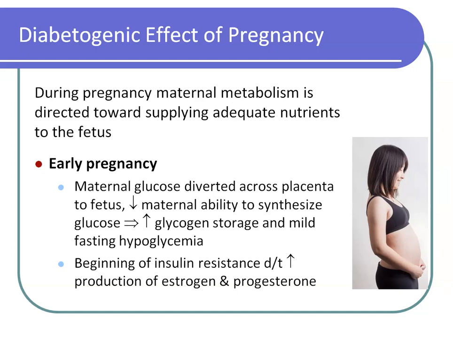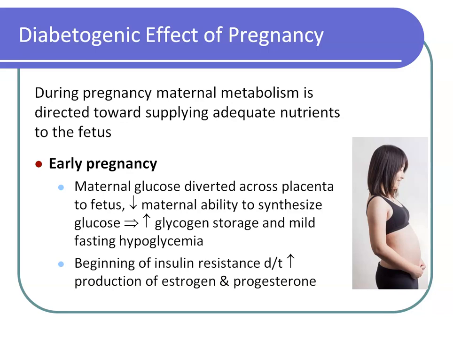Early on in pregnancy, it's important that the growing embryo and the growing fetus get sufficient glucose to be able to grow and develop. So glucose is mainly diverted across the placenta to the growing embryo and fetus. At the same time, amino acids and lipids are being diverted to the fetus as well, and because of this, the woman has a poorer ability to synthesize glucose.